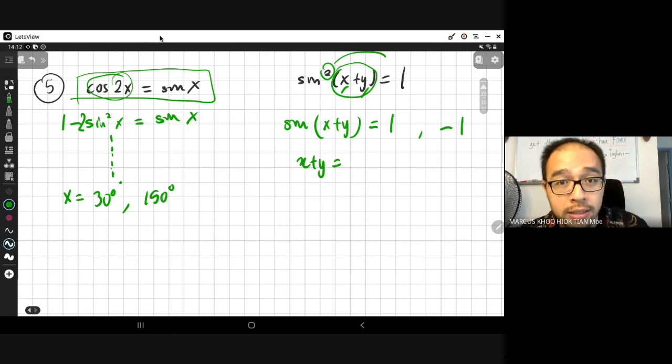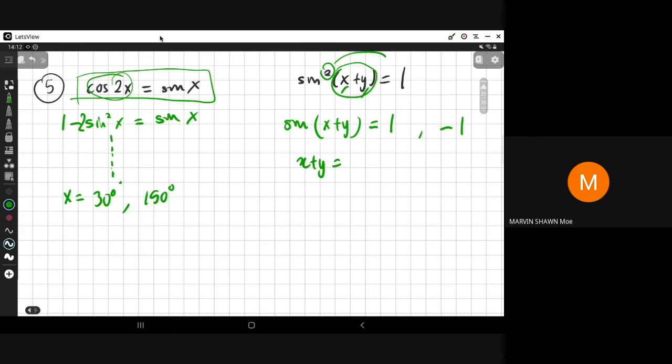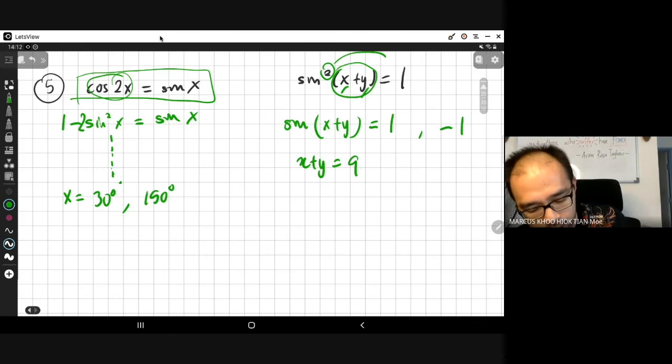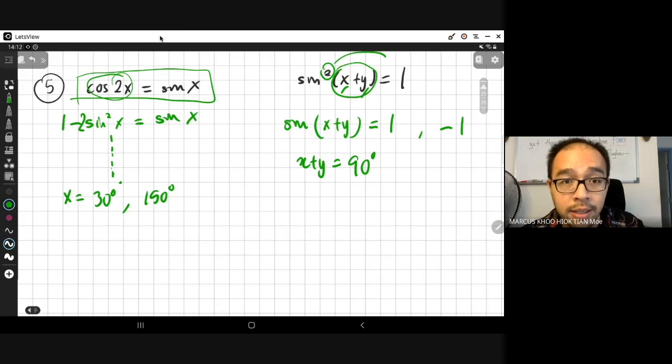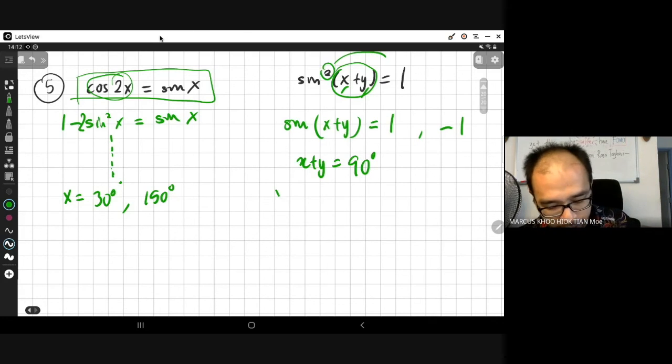The 2 angles that give 1? Oh, no, only 1 angle. Sorry, 1 angle. What is it? 90. It will be 90 degrees. Can I calculate y? Yes, I can. I will have 2 values of y, because if x equals 30, y equals 60.